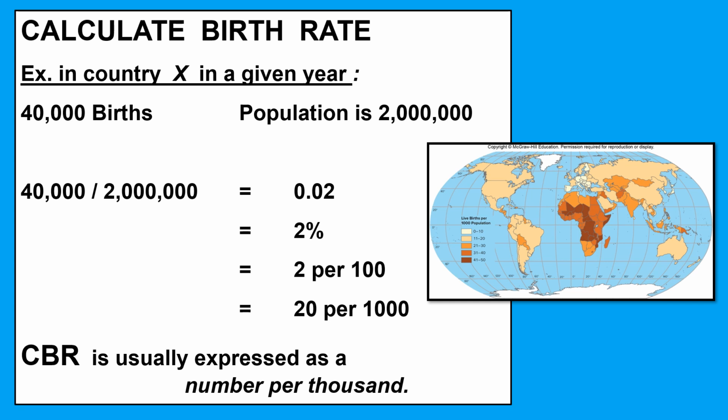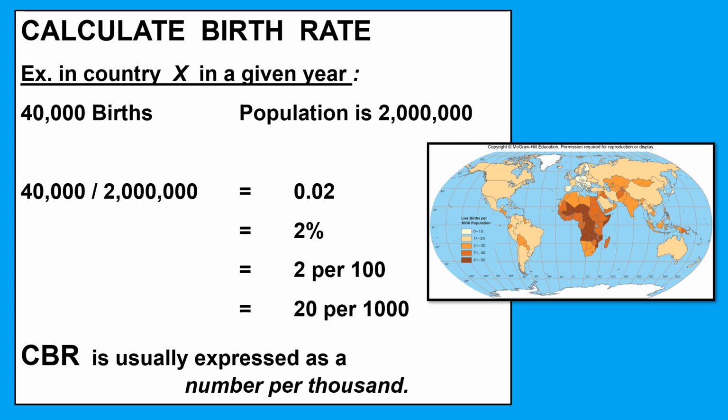Well, first off, let's see how it's calculated. It didn't help that the legend had a blooper in there, but let's see. Let's say for an example country X, in 1 year there were 40,000 births. Their population was 2 million. So what's the birth rate? Well, 40,000 divided by 2 million is 0.02, right?